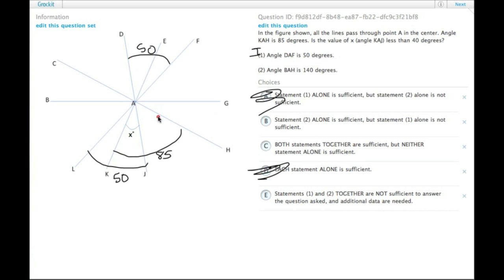Statement 2 tells us that BAH is 140 degrees, so I'll do a smaller arc here. BAH is 140. And that helps a little bit, because then we can figure out that BAK is 140 minus 85, which is 65, but that still doesn't necessarily help us out too much.